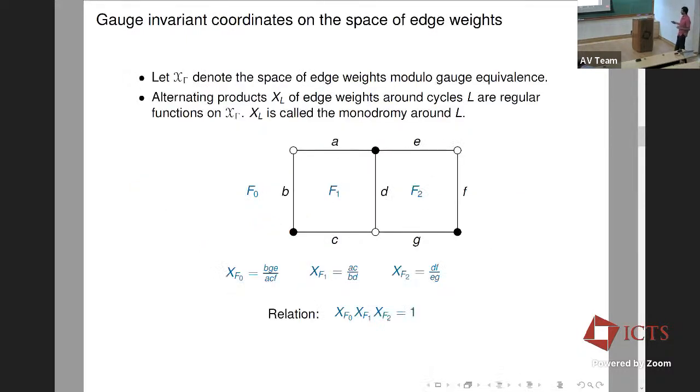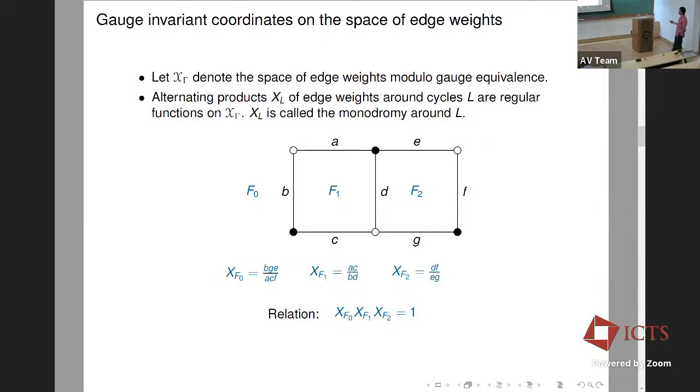So the space on which the integrable system lives is the space of edge weights modulo gauge equivalence like this. So what is this space and what are coordinates on this space? We need to find some gauge invariant functions on this space.